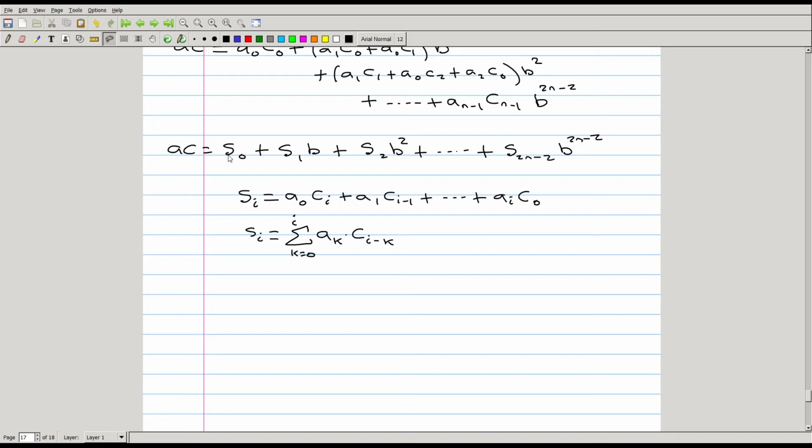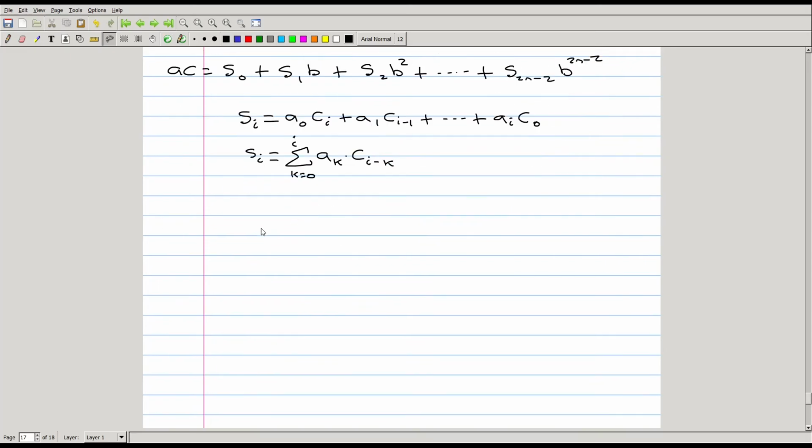In order to express this s naught base b, we need to have just the remainder of the division by s naught and carry over the extra value into s1 times b right here, and so on and so forth. So the algorithm here is going to be to divide s naught by the base, and then s1, the next coefficient, gets an additional k naught from this term right here, s naught.